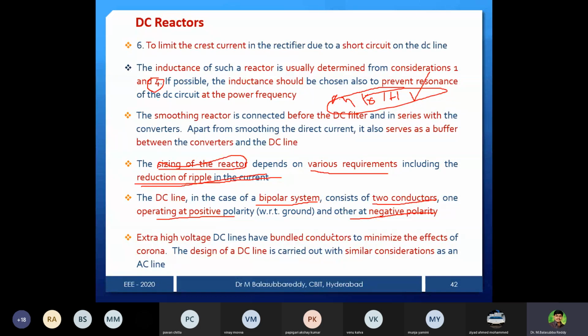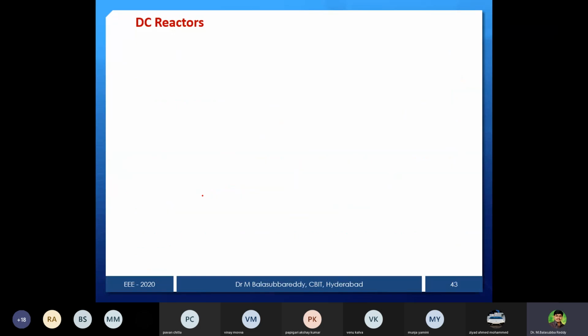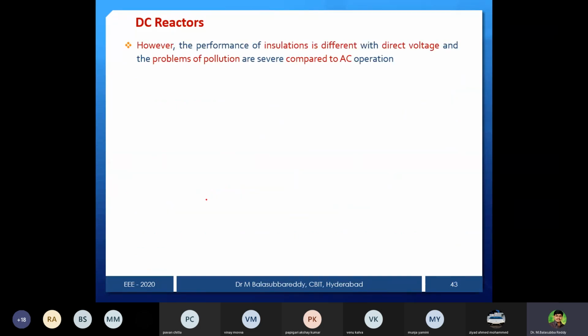Extra high voltage DC lines use bundled conductors to minimize the effect of current. The design of a DC line is carried out with similar considerations as an AC line. The design of the DC line does not come under this DC reactor topic. Our intention is to select the size based on minimization of the ripple and of commutation failure.